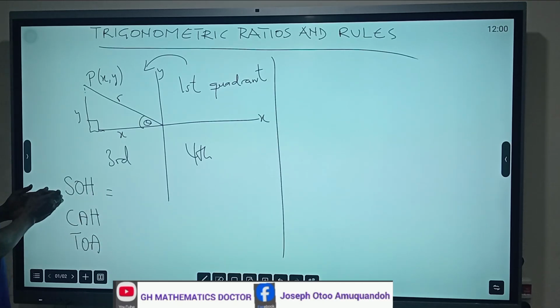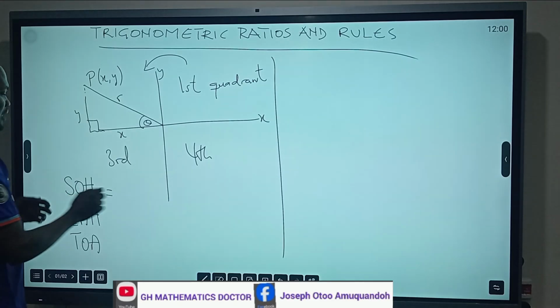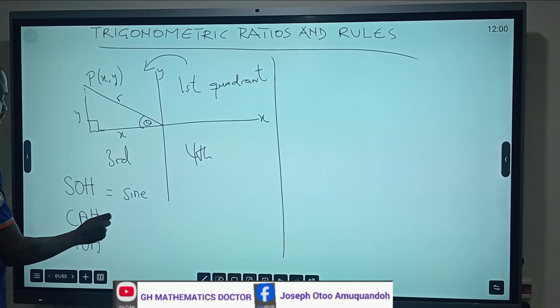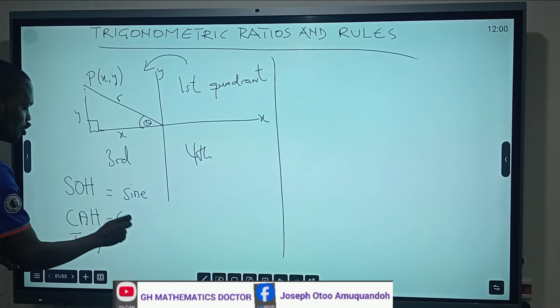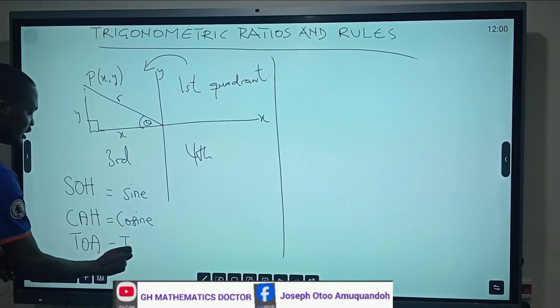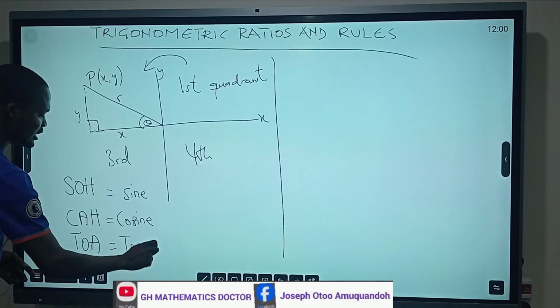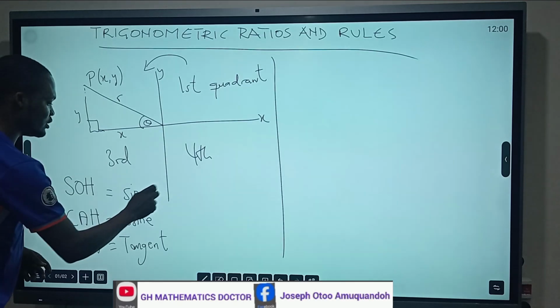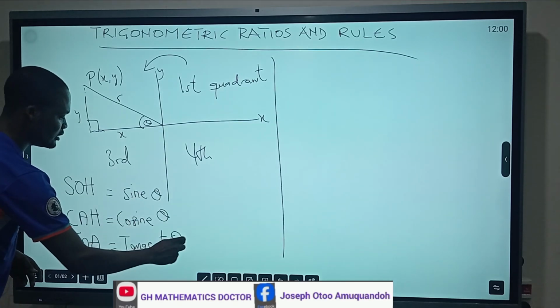The first name refers to the name of the trigonometric ratio. So the first name is what we call sine, and the second name is what we call cosine, and the third name is what we call tangent. All of them are supported by the angle unknown, that is the angle theta.